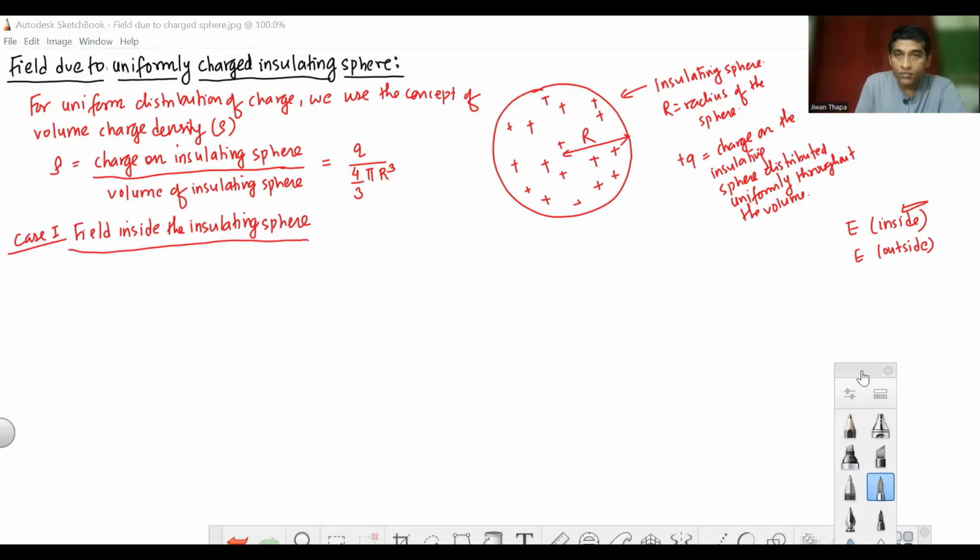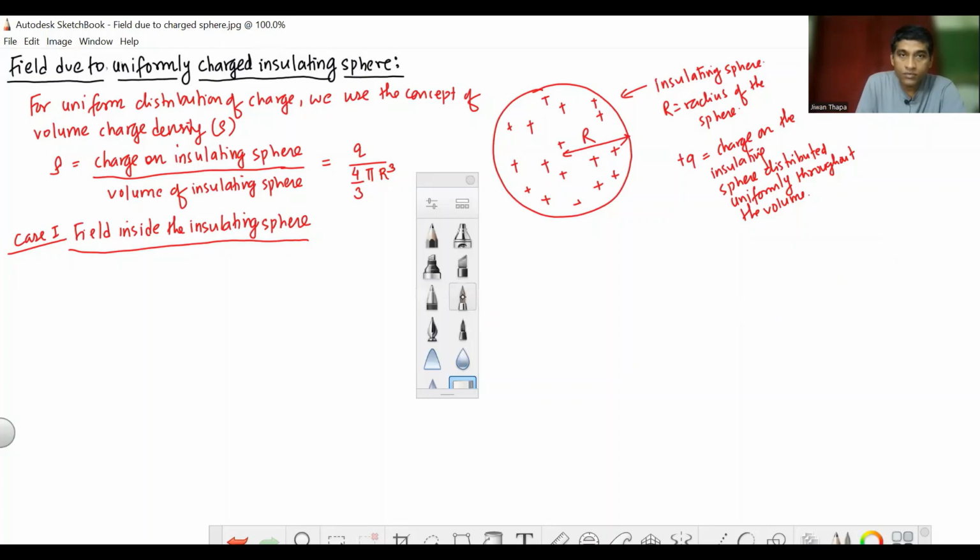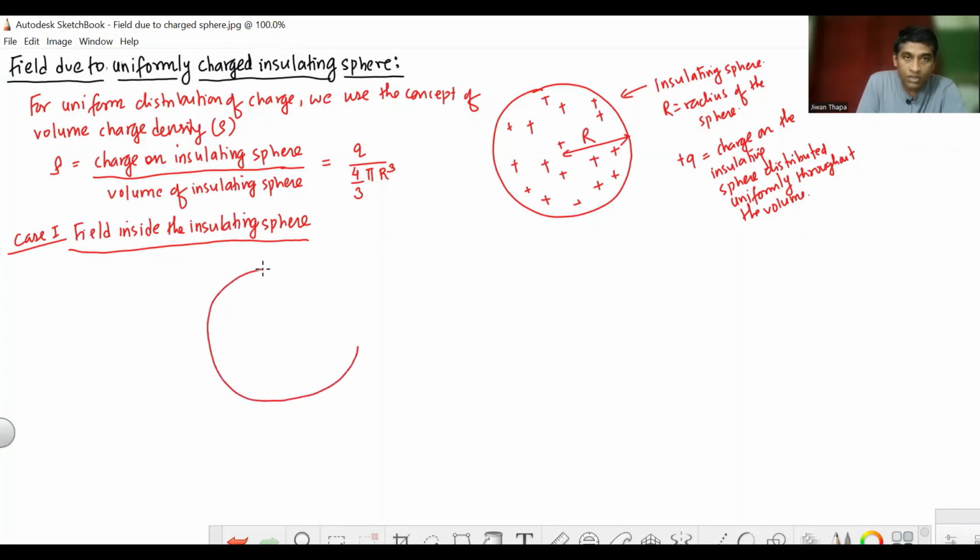Now I'm redrawing this sphere over here. It is the same sphere. Now this is the radius.